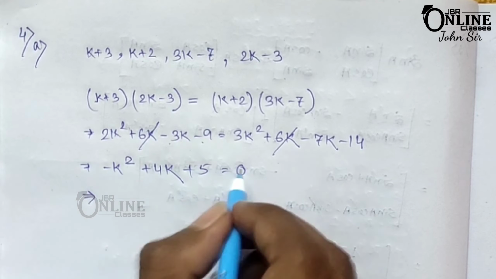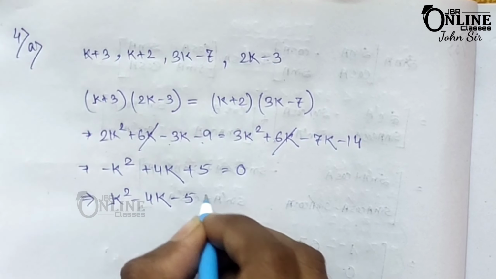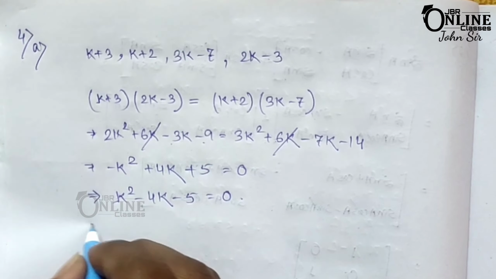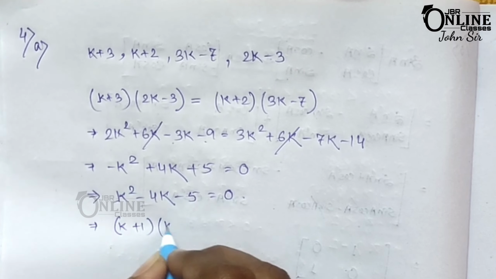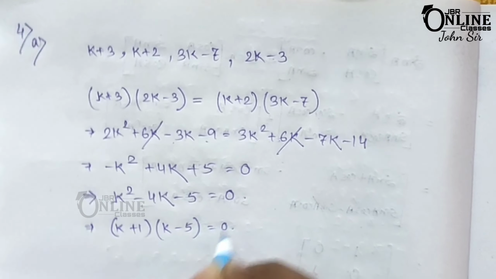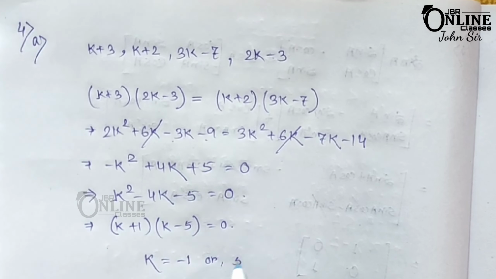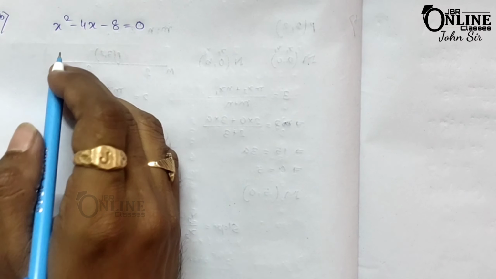So now if you multiply by minus on both sides, it becomes k square minus 4k minus 5 equal to 0. Now by middle term factorization you will get k plus 1 into k minus 5. So from that k equal to minus 1 or k equal to 5. That is the answer.